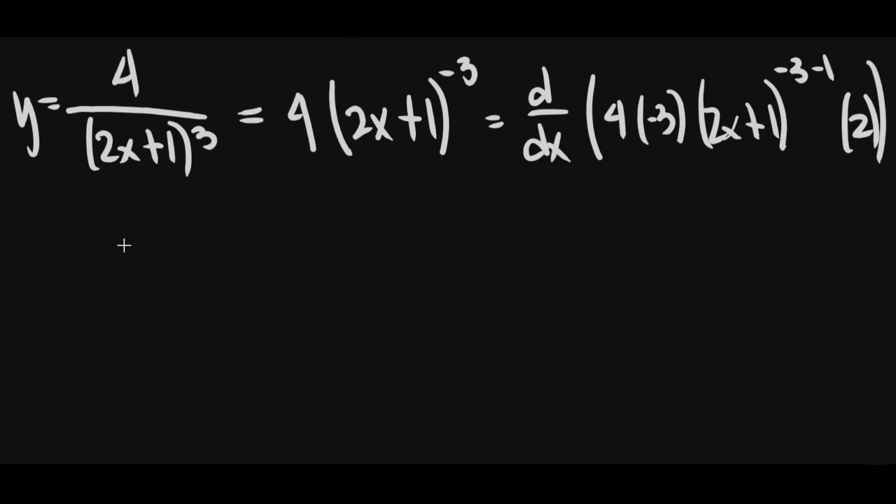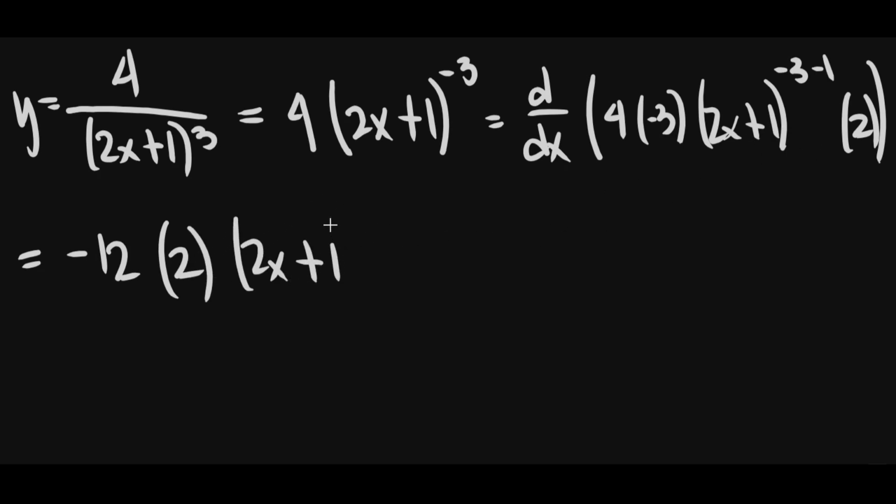Okay, so simplify. 4 times negative 3 is negative 12, times 2. Here's the 2x plus 1 raised to negative 4. What would happen here is that we multiply, and then for the negative 4 to become positive, we need to put it in the denominator at the bottom.